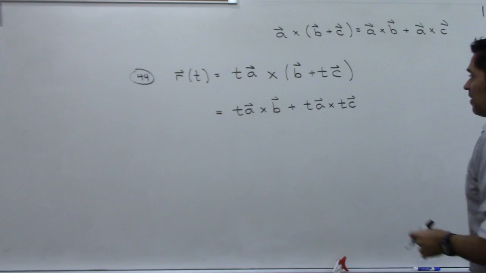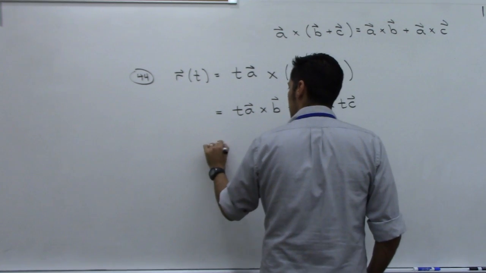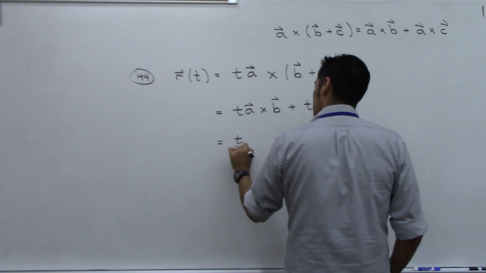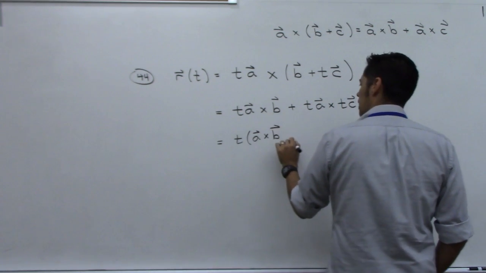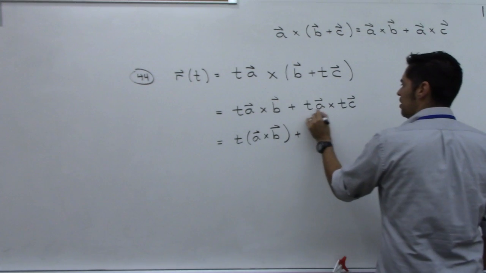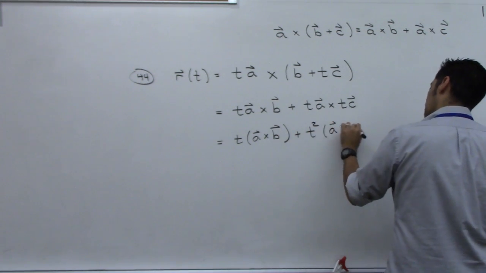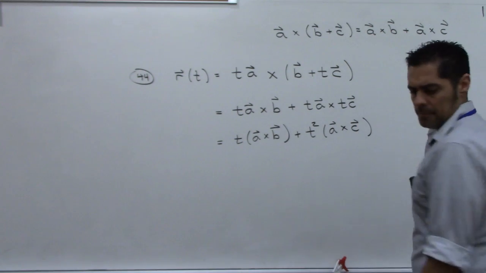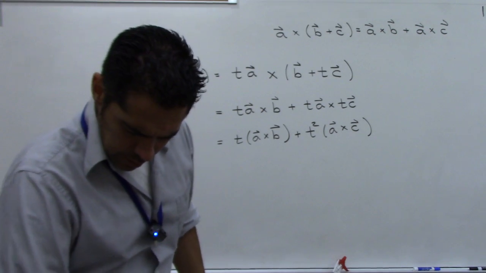Then I can use the fact that this constant can come out. So t times A cross B plus, and then this t and this t both come out, so t squared A cross C. And I believe that's all they want.